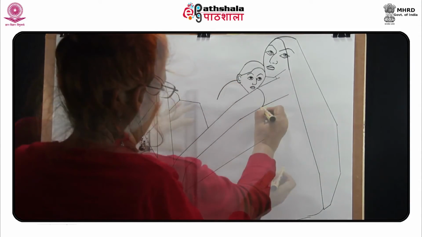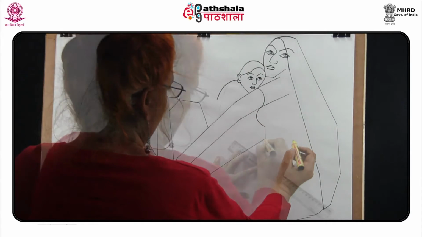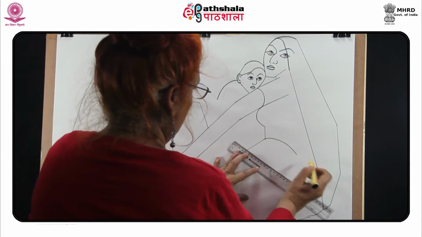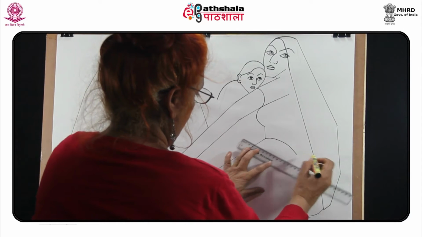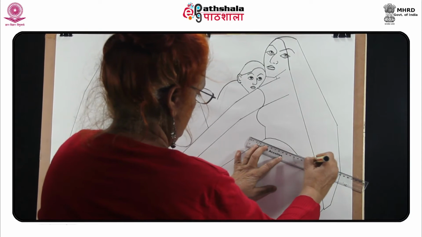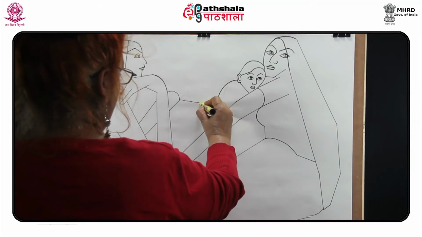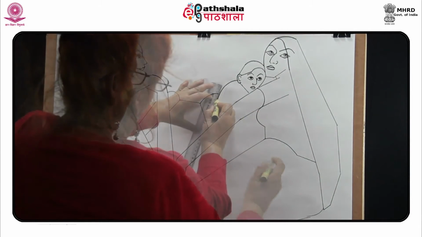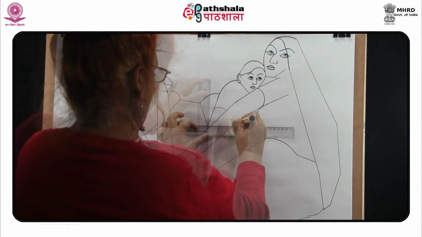Cubism is like standing at a certain point on a mountain and looking around. If you go higher, things will look different. If you go lower, again they will look different. It is a point of view.